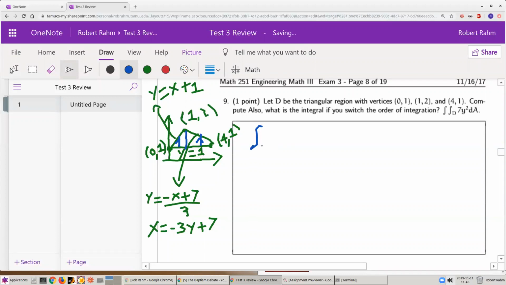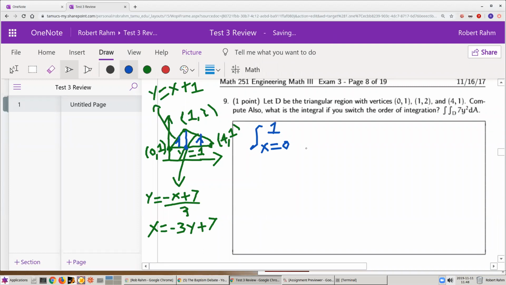So the first integral is going to go from x is equal to 0 to this point. Now the x value here is going to be the x coordinate of where these two lines intersect. In other words, where x plus 1 is equal to minus x plus 7 divided by 3. And that's going to be x is equal to 1.